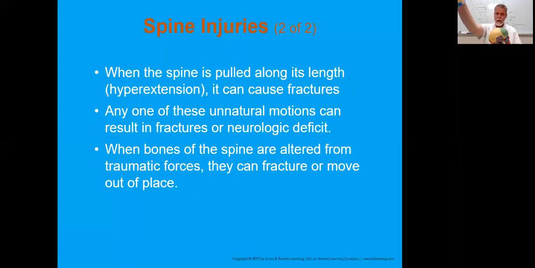Again, when we look at an unnatural motion, that can result in some type of break or neurological deficit. And the neurological deficits that we're assessing, again, are pulse, motor, sensory. I know I jumped ahead on this stuff before, but you're palpating that person's leg, and they're like, oh, it's numb. Or, no, it doesn't feel like when you touch the right leg. Again, remember, this is a rough 10-minute assessment.